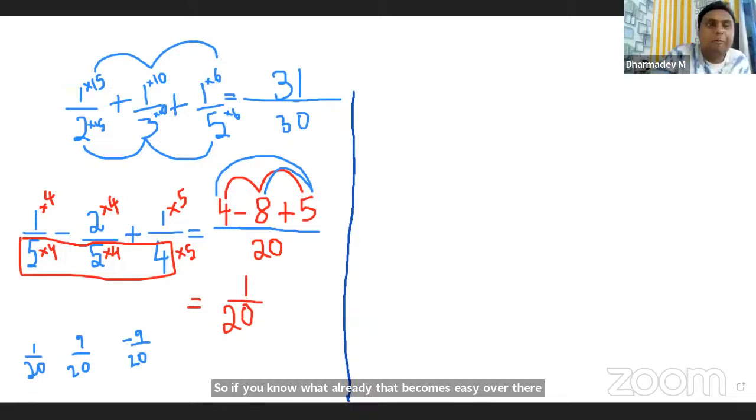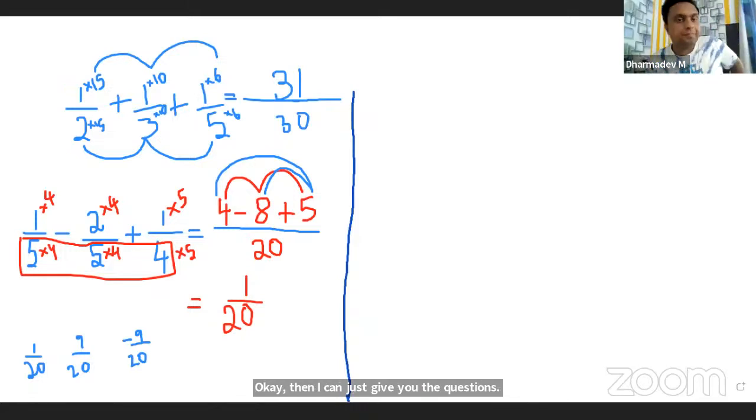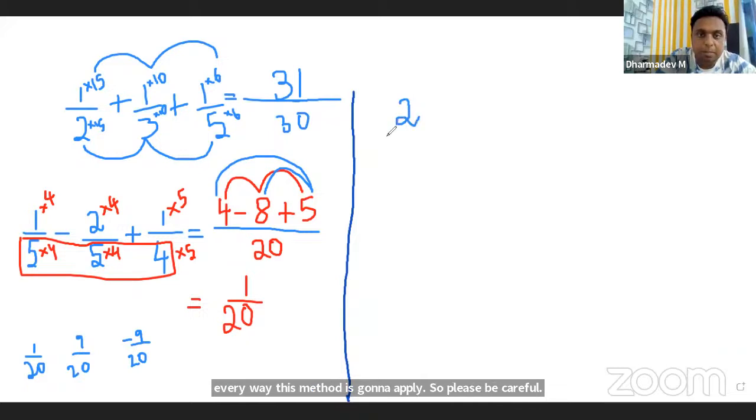Did you get that? Okay, here is your question. So every way this method is going to apply. So please be careful. So 2 divided by 11.